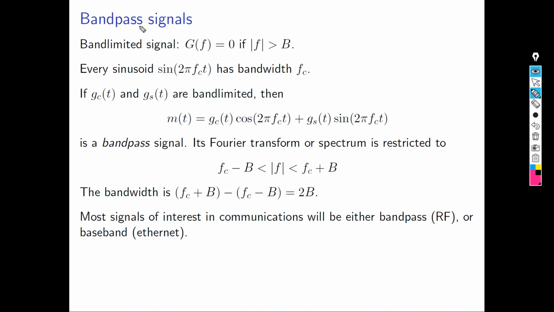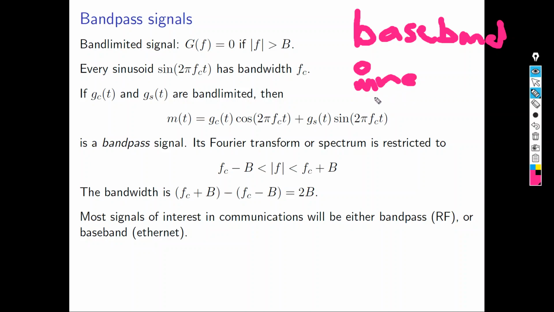You have the baseband, which is your original message before modulation. It's around zero frequency. You can transfer it by wire. You cannot send it by wireless. And it's unmodulated.